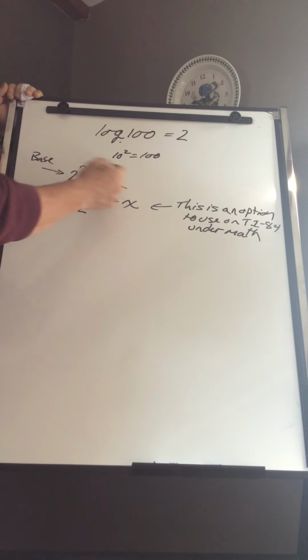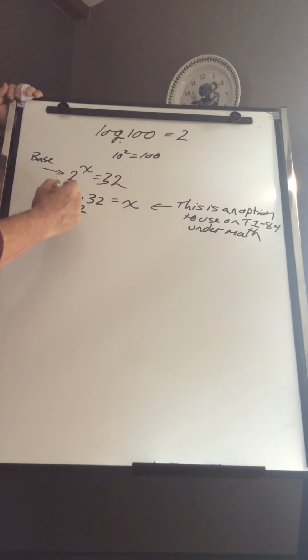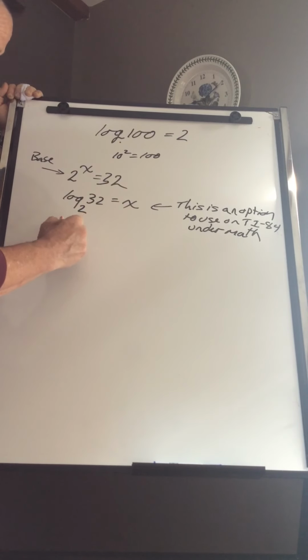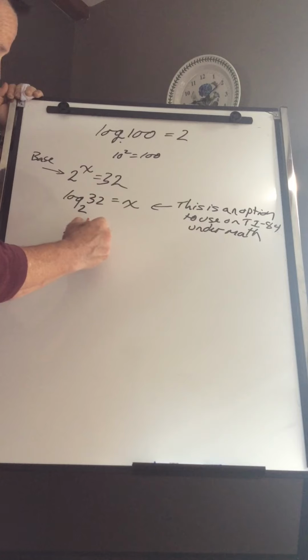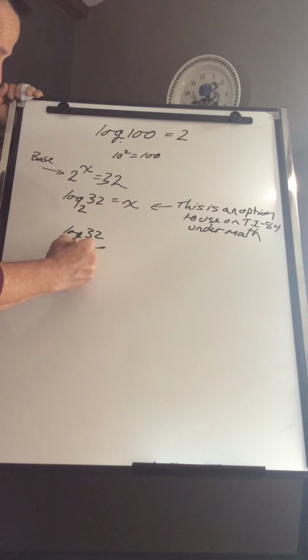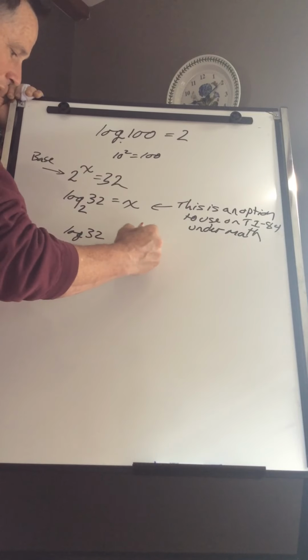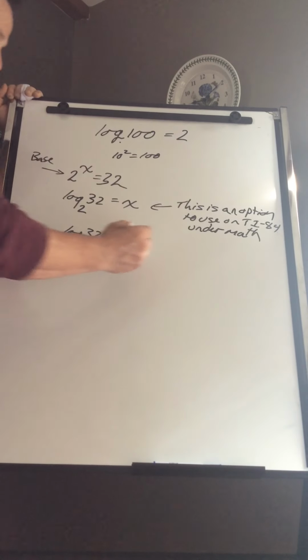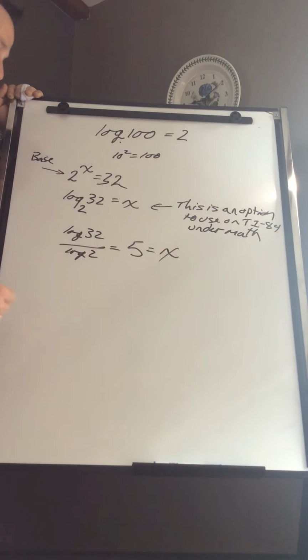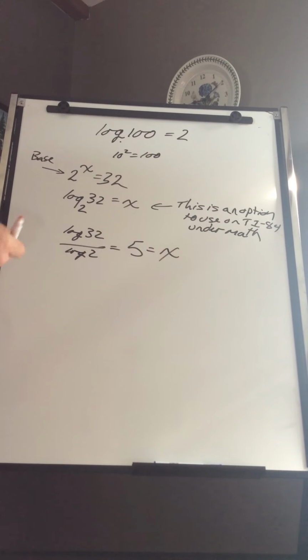But the same way as we were doing the question before, I can also go log 32 divided by log 2, which will give me 5. So x would equal 5. I can do that in the calculator as well. This is much easier if you don't like messing around with the different buttons.